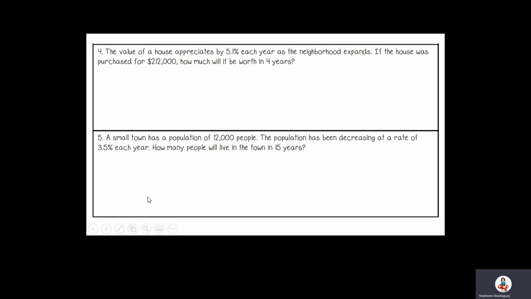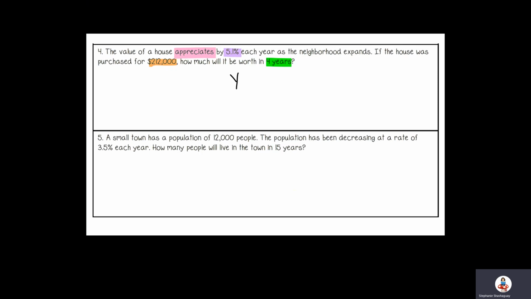Okay, last 2 equations I'm going to go over really quickly and hopefully beat the bell. The value of a house appreciates by 5.1% each year. If the house was purchased for $212,000, how much will it be worth in 4 years?